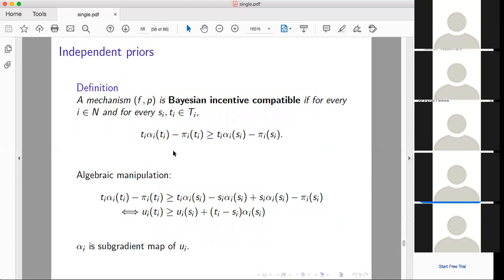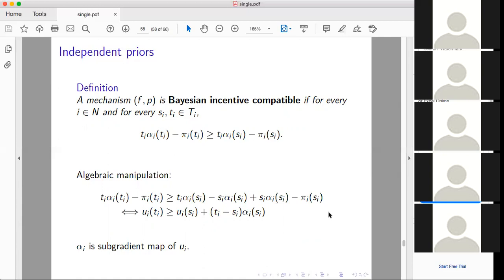Okay. Do a similar algebraic manipulation to the one we did for DSIC. On the right-hand side here, add s_i α_i(s_i) and subtract s_i α_i(s_i). This particular term is your U_i(s_i), and you're left with this. So the incentive constraint is now U_i(t_i) ≥ U_i(s_i) + (t_i − s_i) α_i(s_i).